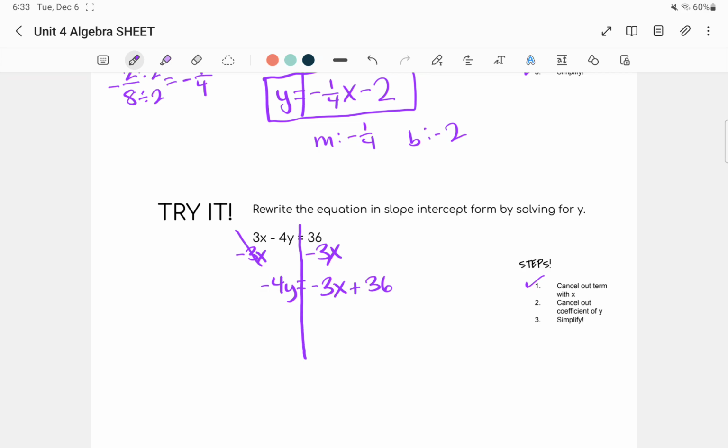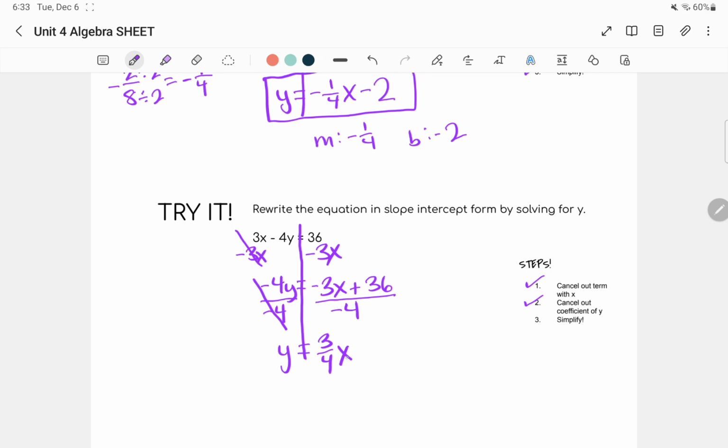Now I'm going to cancel out that coefficient of y. That would be negative 4, so I'm going to divide by negative 4. Now I have to simplify, so I'm going to cross these out. I'm left with y. Now I'm going to divide each term by negative 4. Negative 3 divided by negative 4 is positive 3/4.